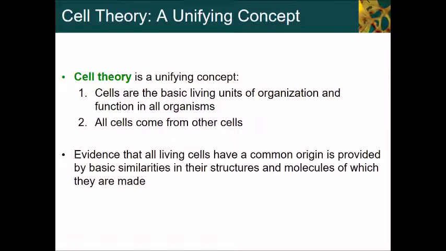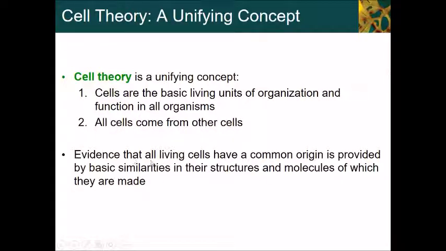So, we have to know also about the cell theory. Cell theory states that cells are the basic living units of organization and function in all organisms. And the cell theory also states that all cells come from other cells.